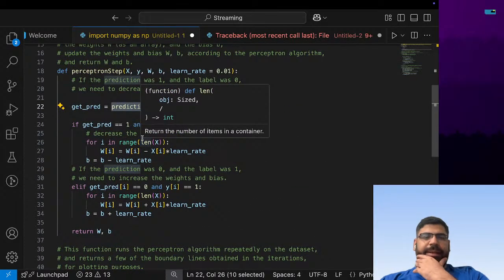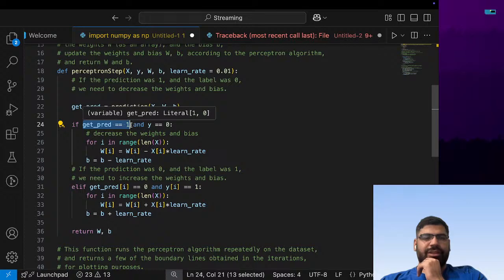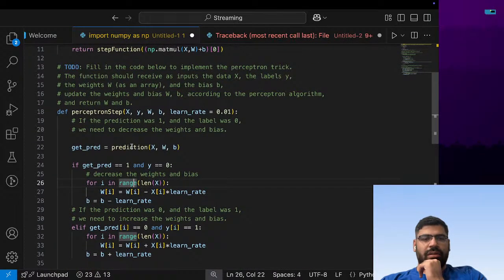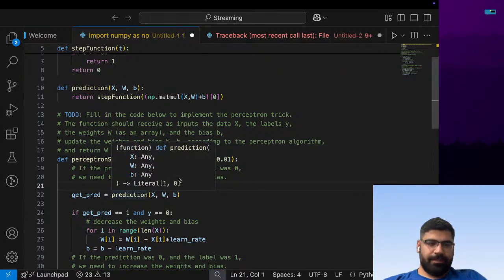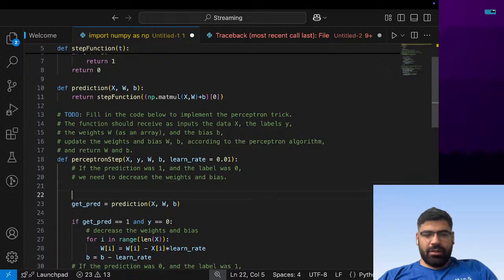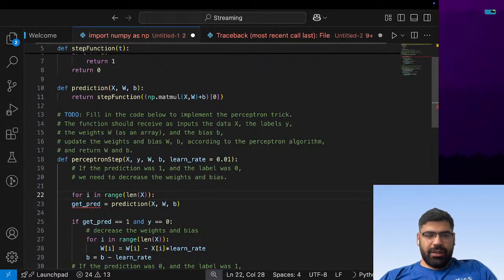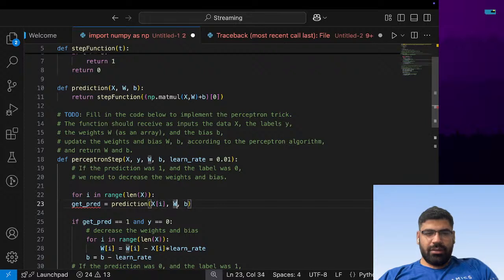So there are two things. Great prediction. Okay, now I get it. For i in range of X, get prediction for point in X with Y.